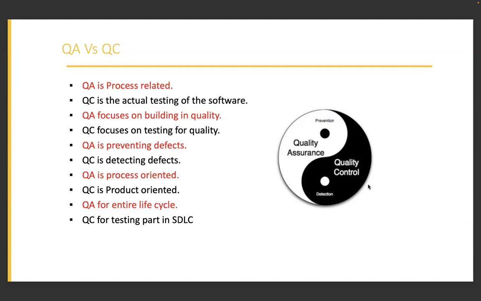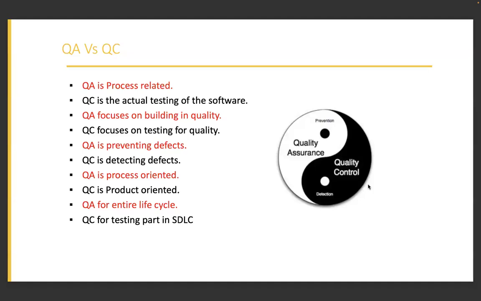All this happens in which phase, guys? Quality assurance phase. Here you are making sure that we have taken preventive measures before starting the actual testing. So that is quality assurance.